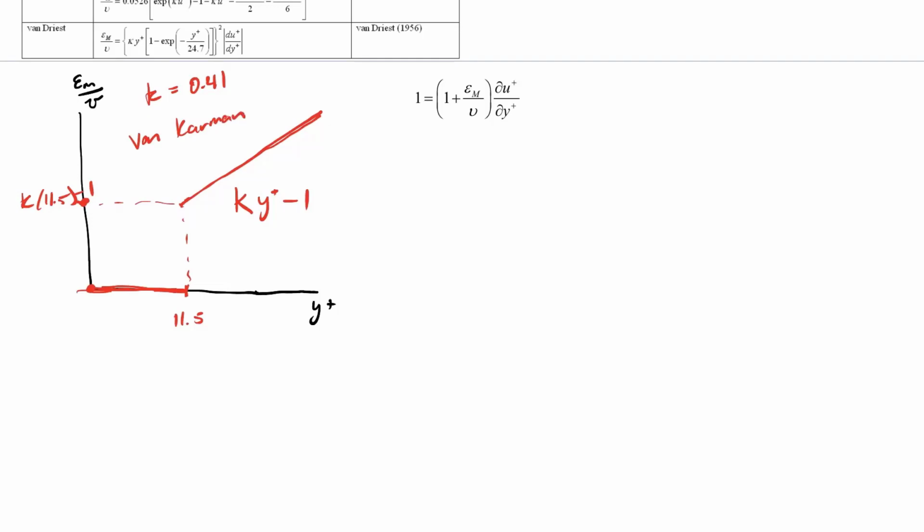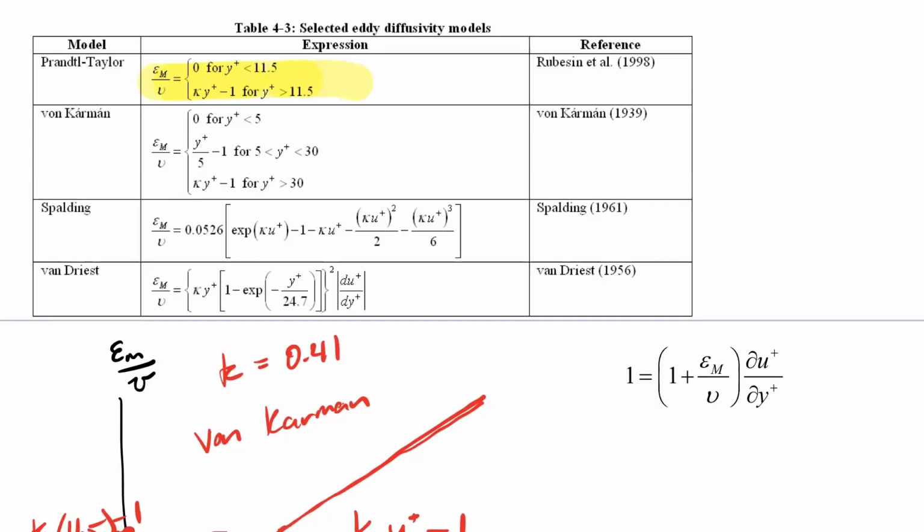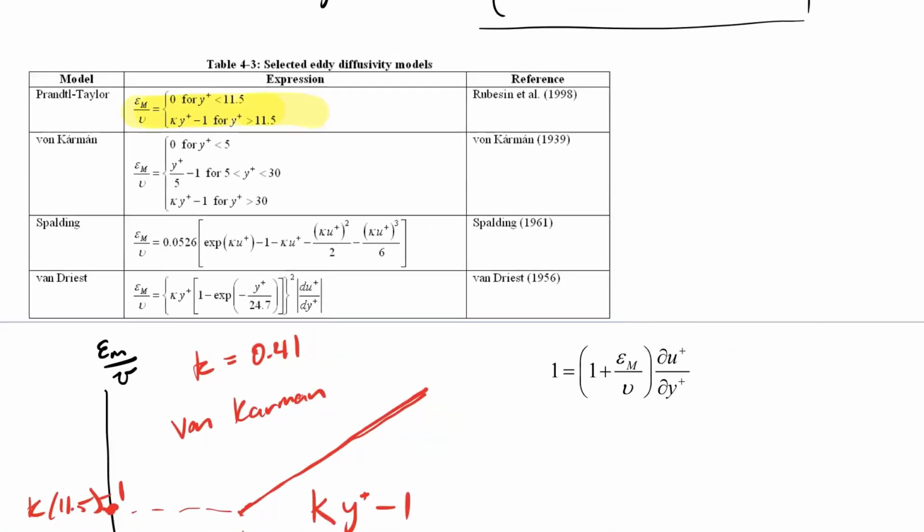The von Karman constant is something that has been derived empirically, and it is basically the rate at which your eddy diffusivity is changing as a function of inner coordinate. It's used in different models. You see it up here in this table. You can see that that same constant appears in a bunch of different models, so it's used for a variety of situations.